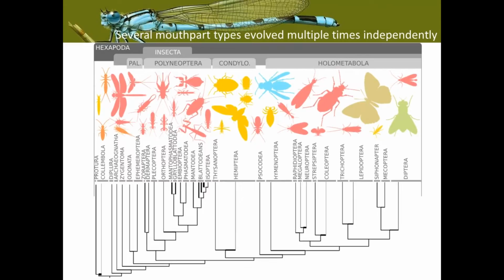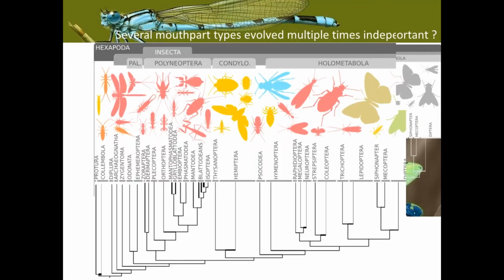And what we see from this overview is that we have many different insect mouth part classes. And what we also see is that, for example, biting, chewing mouth parts seem to have evolved several times independently during insect evolution. And this is very unusual, and with our modeling approaches, we want to get a better understanding how this multiple evolution of similar mouth part classes could have happened.